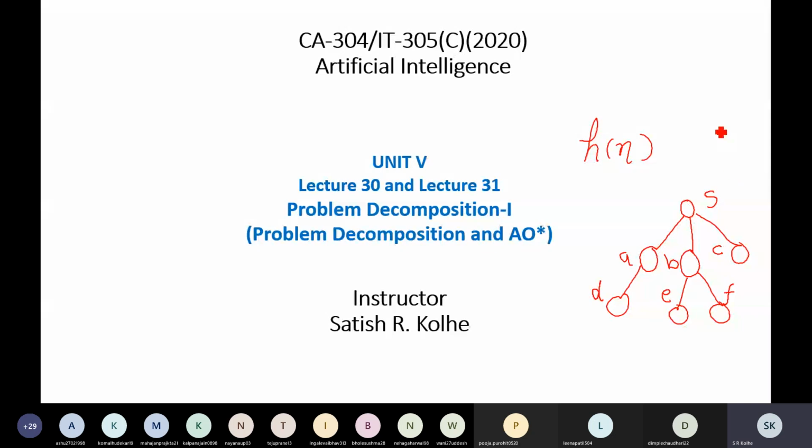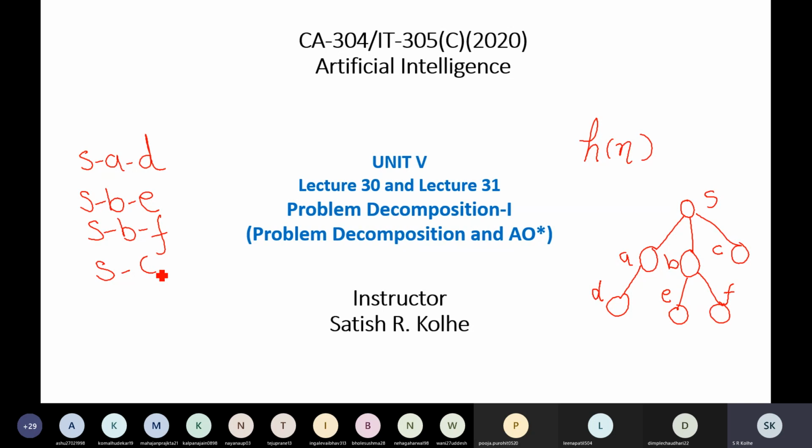From A to D. Tell me the complete path. Yes, S-A-D. S-B-E. S-B-F. S-C. Correct. There are 4 different partial solution paths.